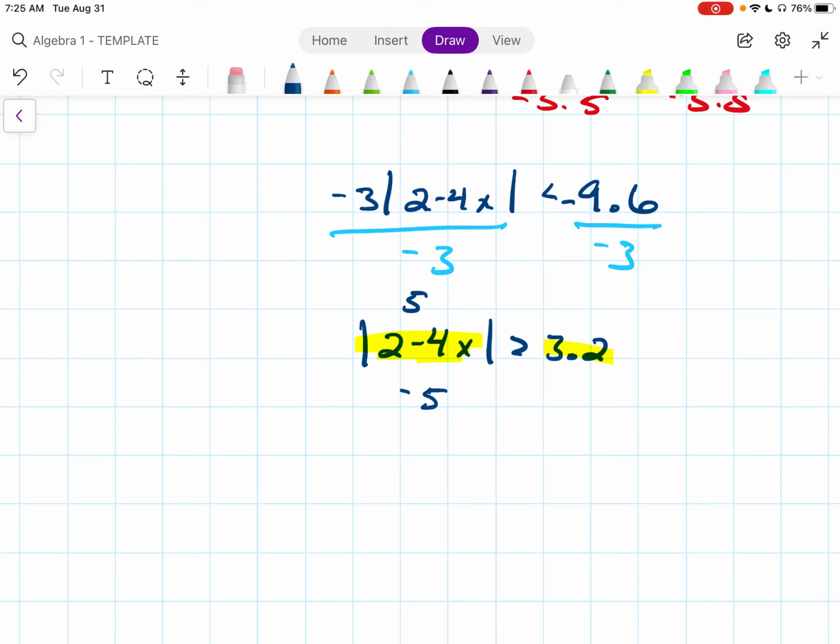So it's going to be on either side, which means it's going to be an or. We've got 2 minus 4x is greater than 3.2, or 2 minus 4x is less than negative 3.2.